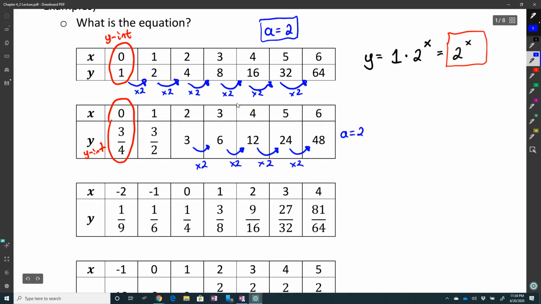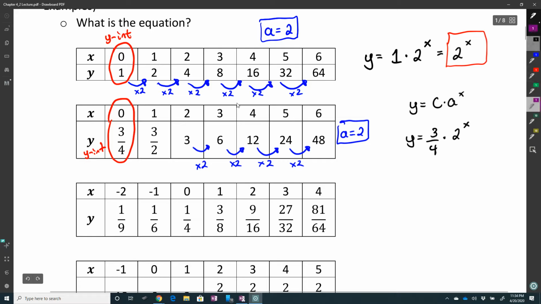So my a is 2 once again. And again, 3/4 times 2 is 3/2. 3/2 times 2 is 3. So everything checks out. And so for my equation, it's y equals c times a to the x. So y equals 3/4 times 2 to the x.